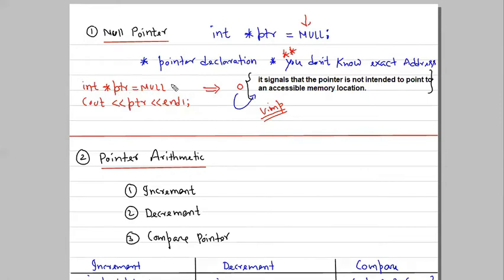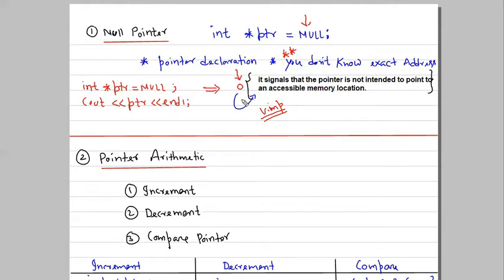What happens if you simply print this pointer while it has a null value? It will print 0. Why? Because the value is decided by your computer. At the CPU level, 0 denotes that there is no memory location, so you are going to access nothing.